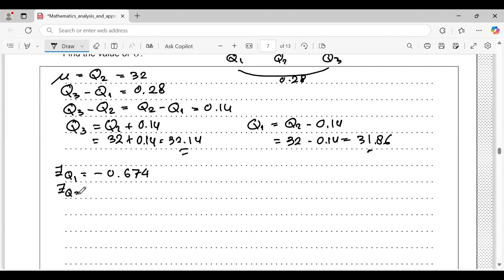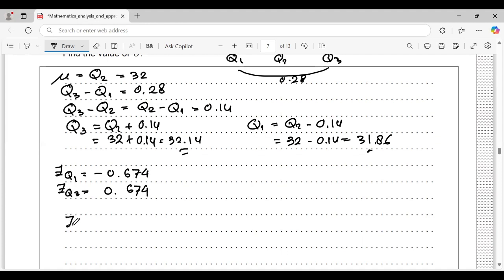And the z-score of the third quartile is positive 0.674, and this is for the 75th percentile. Okay, this is the 25th percentile, and this is the 75th percentile.